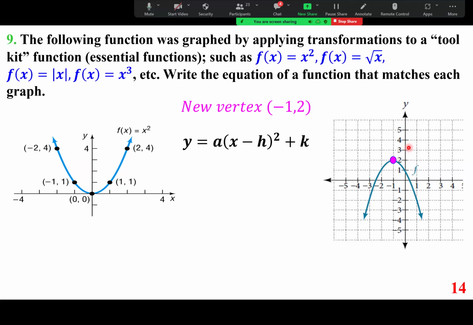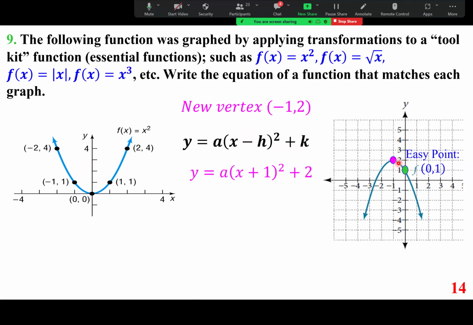And y equals a times x minus h quantity squared plus k. And so x minus -1 makes it +1, plus k makes it 2. And all you have to do is pick one more point, any point, and check. This is an easy point because it has coordinates 0, 1, right?